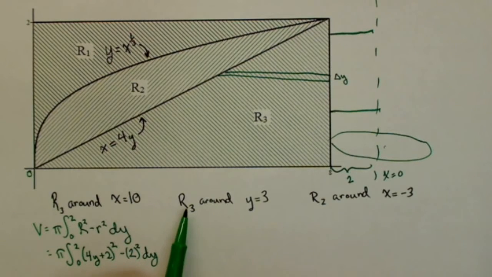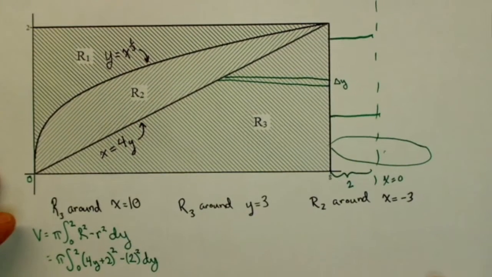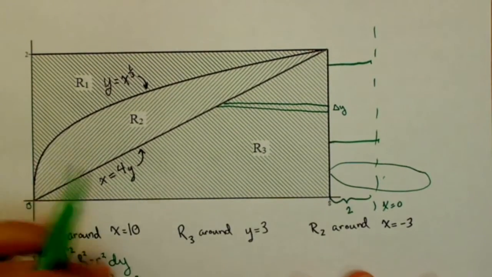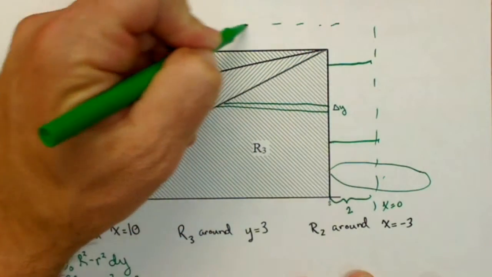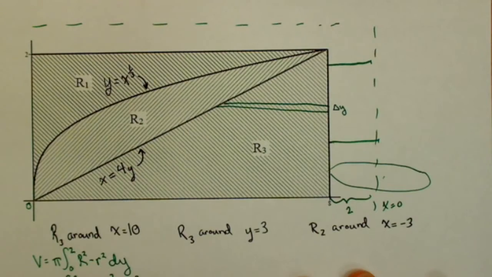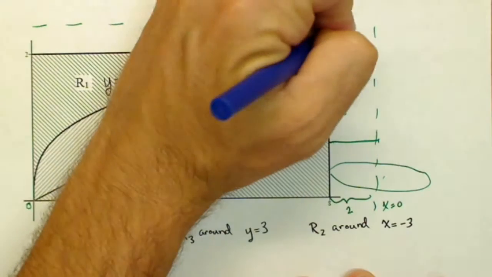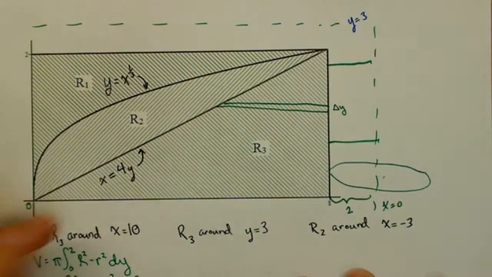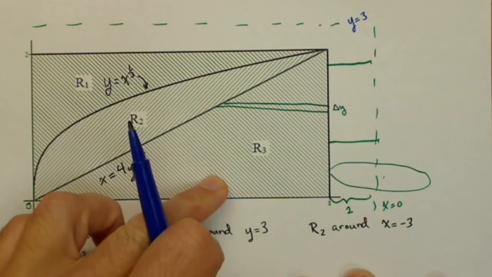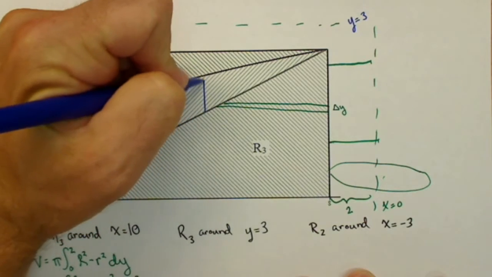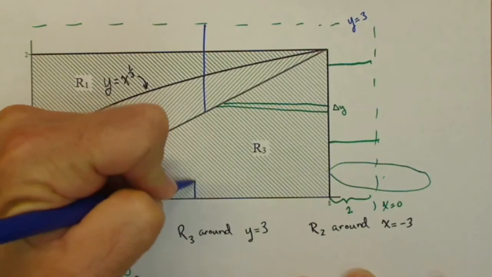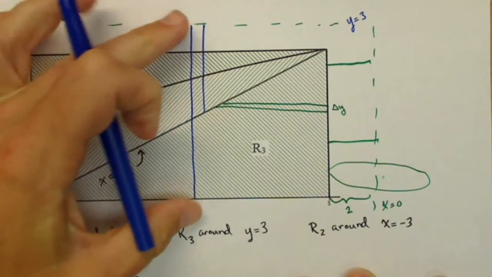Now we're going to rotate R3, same region, around the line y equals 3. So let's just move this down a little bit. Y equals 3 would be a horizontal axis. Let's change colors here. So we'll call that the line y equals 3. We're still revolving the same region, and we have a small radius and a large radius. Check out our large radius.